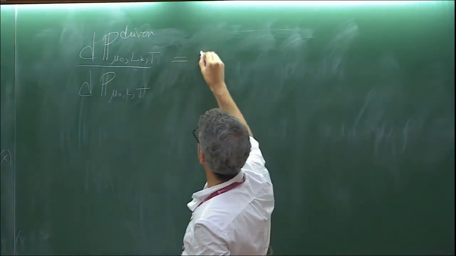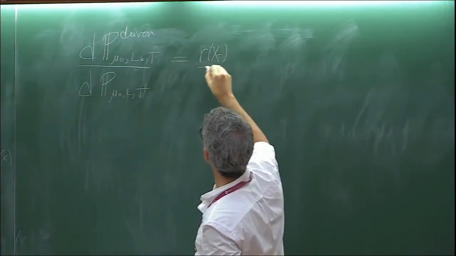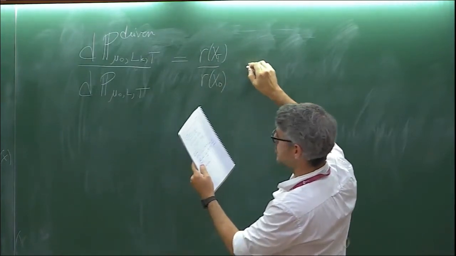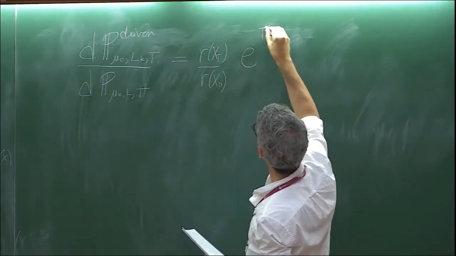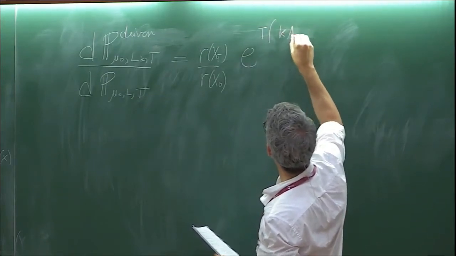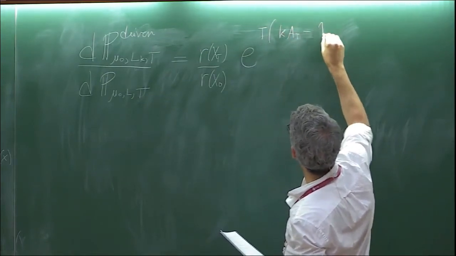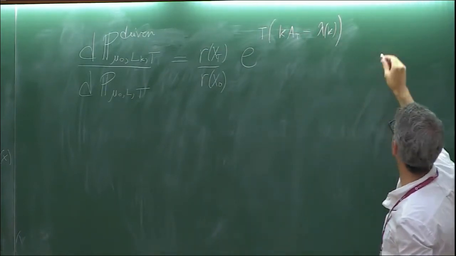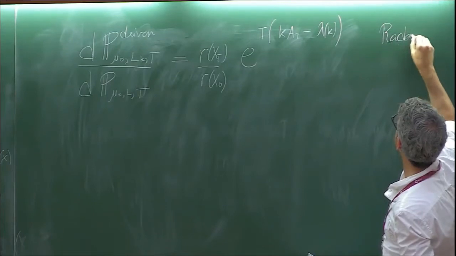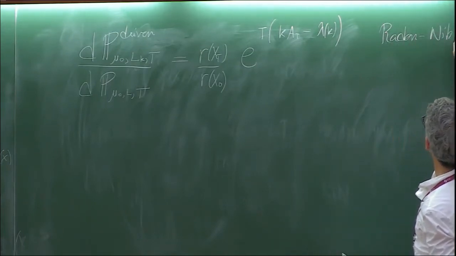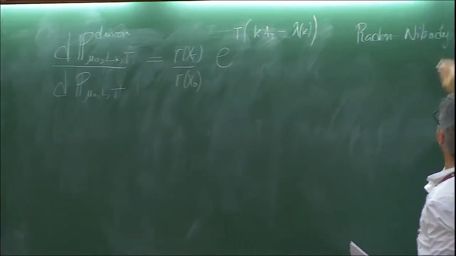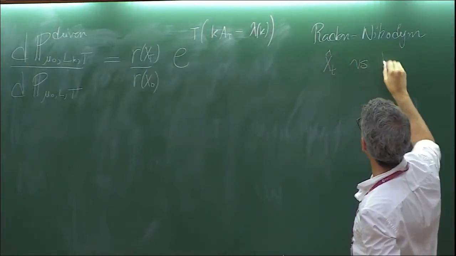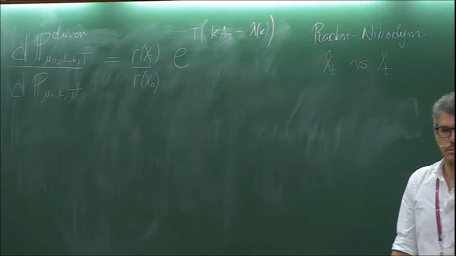This is equal to R(x_t) over R(x_0), and here I have the exponential of t k at minus lambda k. So this is not so difficult to prove. This is the explicit Radon-Nikodym derivative between this new process x hat versus the original process that you had, x_t.